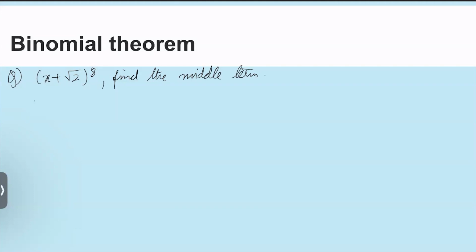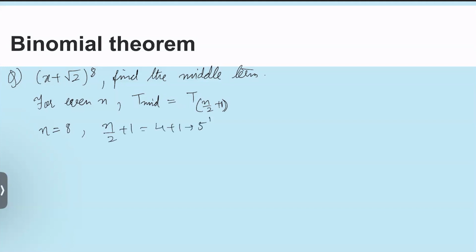We were just looking at it that for even n, the middle term is going to be equal to t n by 2 plus 1. So over here, since we have 8 as n, your n by 2 plus 1 then becomes 4 plus 1, the fifth term.